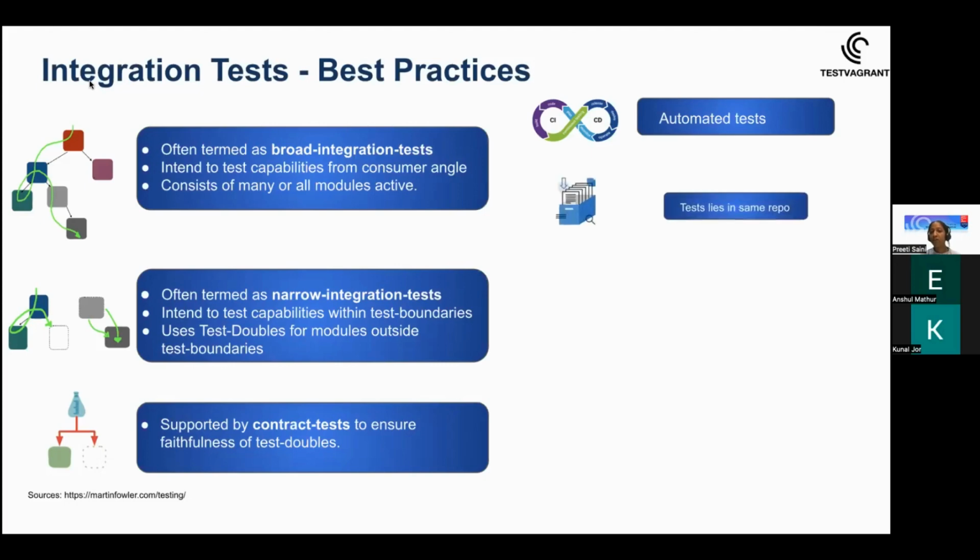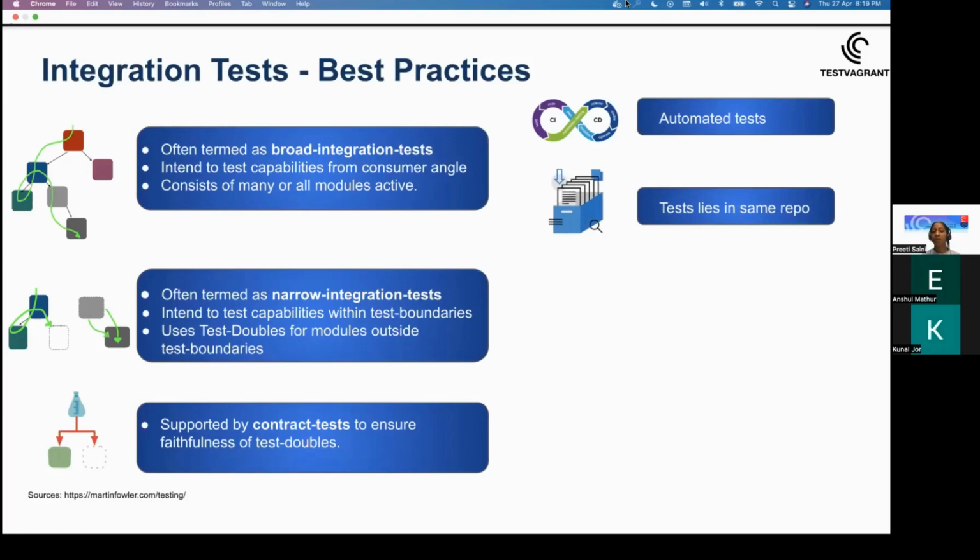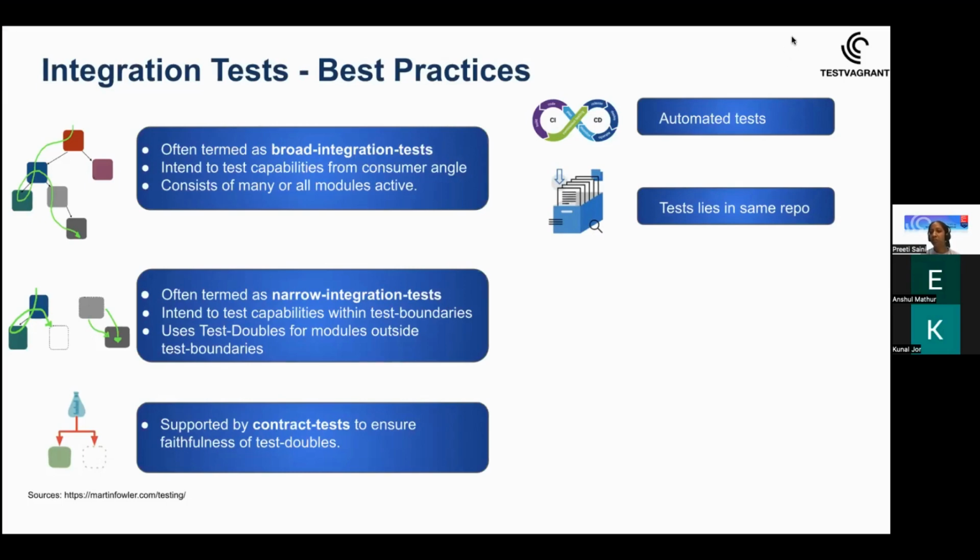Moving on to the next: keep these tests in the same source repo. We're talking about running these integration tests as part of your CI/CD pipeline. If you put these integration tests within the same repo as your source code, there are many test library supports in the market where you can spin up your microservice locally from your test itself and within your CI/CD pipeline.